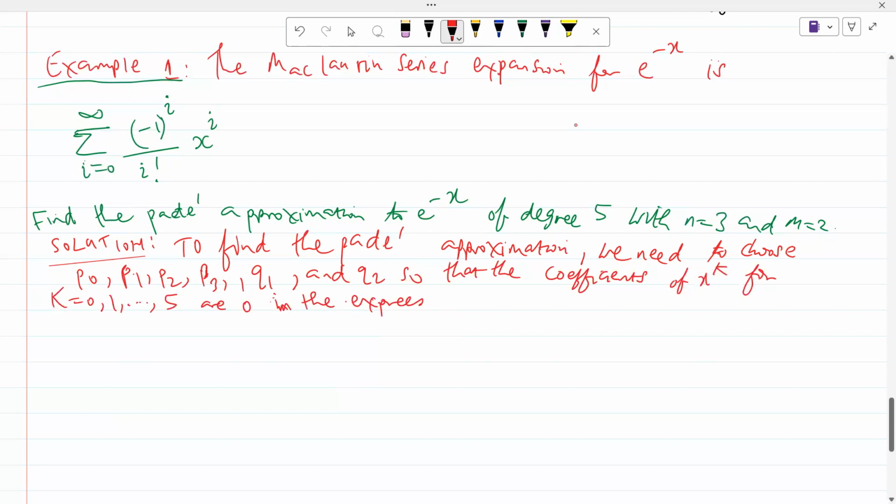Right, we're going to just perform some algebraic manipulations. Write the expression, this one here. So we are saying to find the Pade approximation, we need to choose P0, P1, P2, P3, Q1, and Q2, so that the coefficients of x to the power k for k equals 0 to 5 are 0 in the expression.